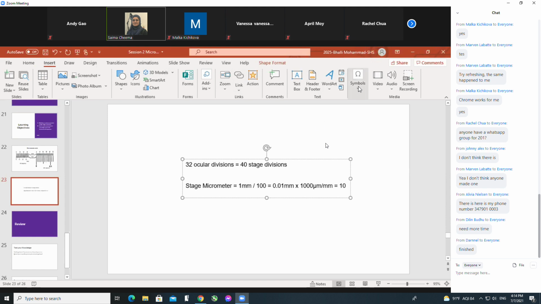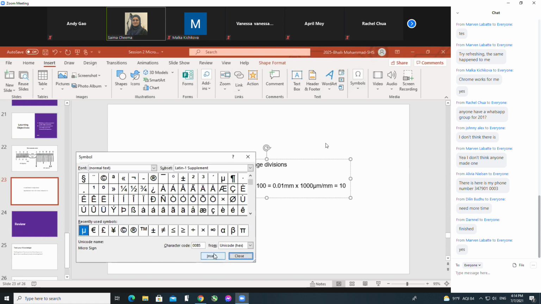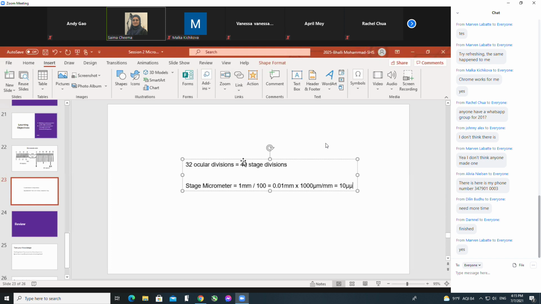So if the stage micrometer was 1 mm, the distance between any two lines on the stage micrometer is 10 micrometers, right?